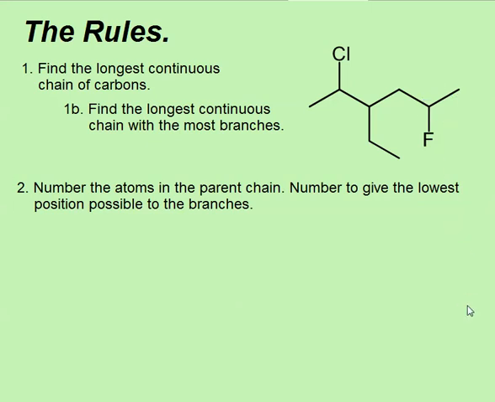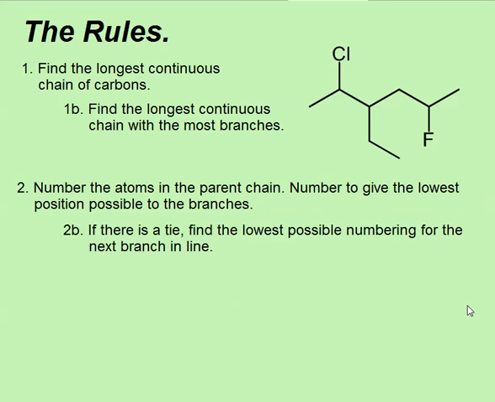So we need something to break this tie, and that sub-rule for part 2 is, when there's a tie, find the lowest possible numbering for the next branch. So following that rule, the first branch is on carbon 2, but the second branch would be on carbon 3 as we count from the left, this ethyl branch.